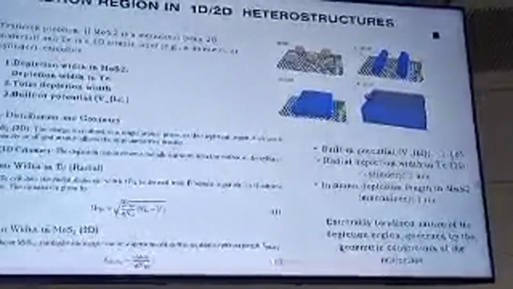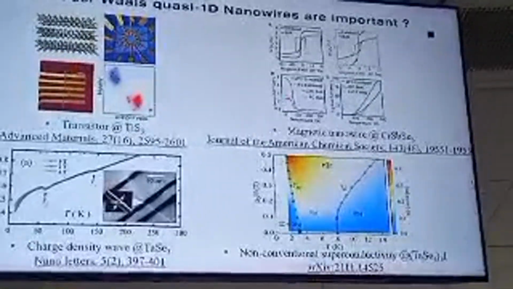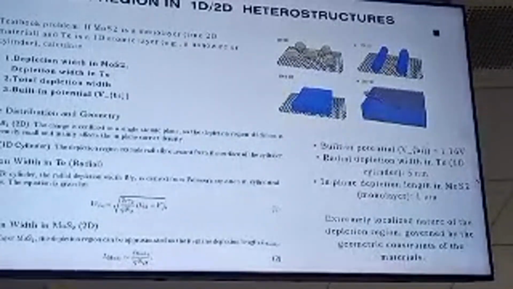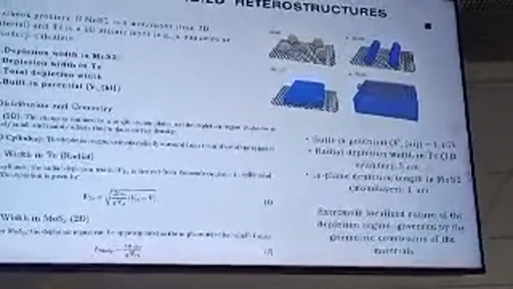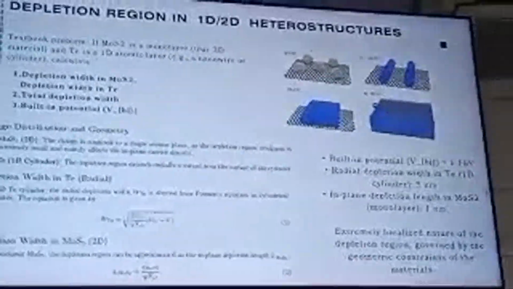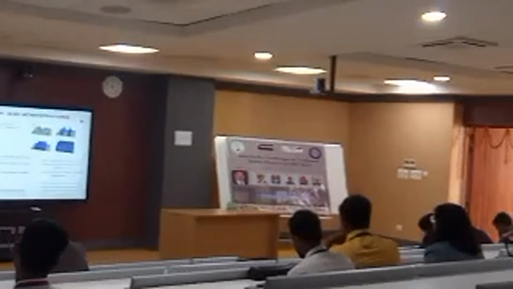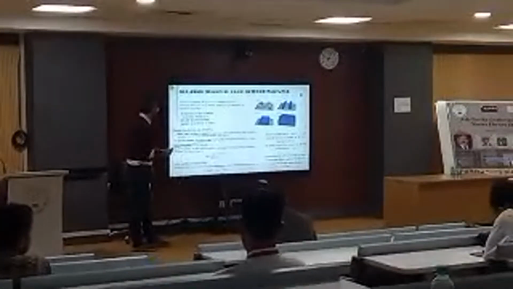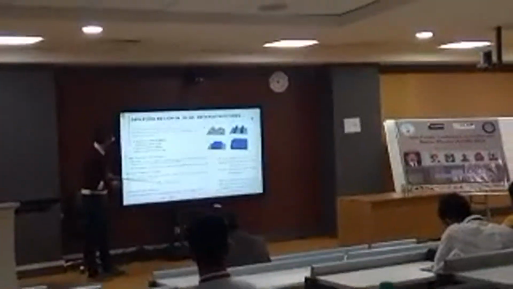So this structure where there is a 2D flat zone and there is one region. Of course MoS2 is flat, so it's very easy to calculate the depletion width from the 2D depletion region expression, and this 1D is like a cylinder, so you can get it in a radial way.